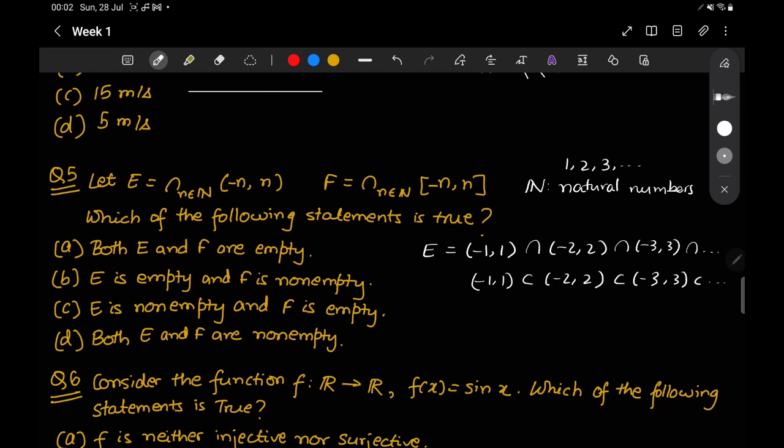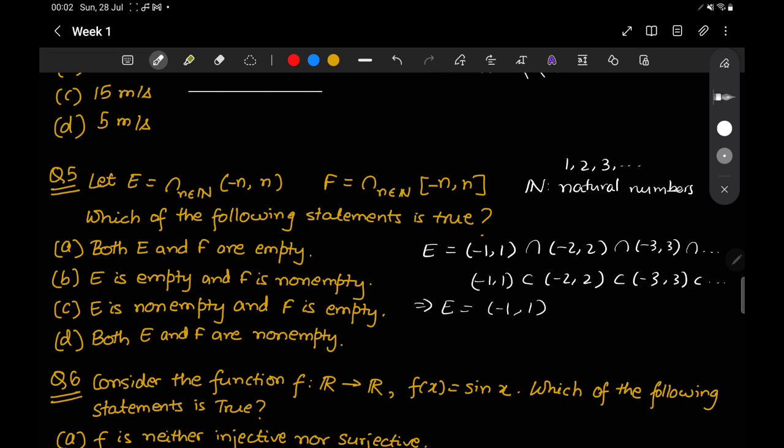That means the range minus 1 to 1 is entirely contained within minus 2 to 2, and you can clearly see this on the number line. So this gives me that my E is essentially this particular set, because you are taking the intersection of a subset with a set, and that will just be the same as the subset.